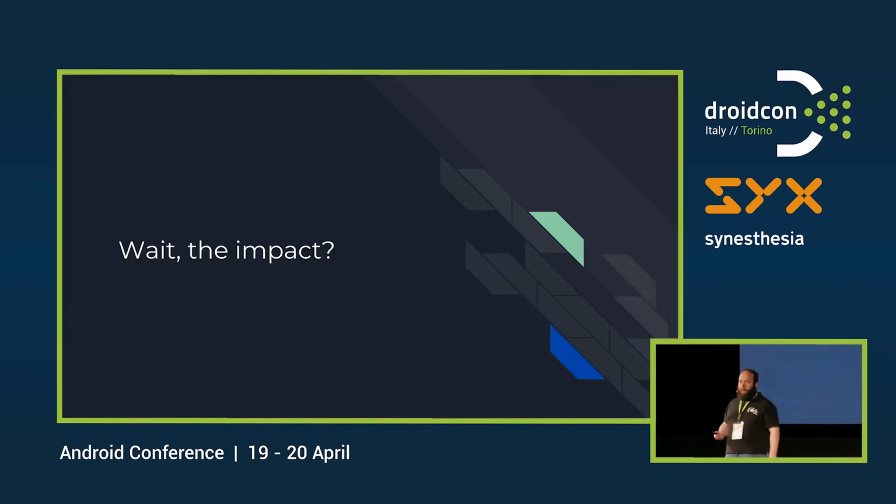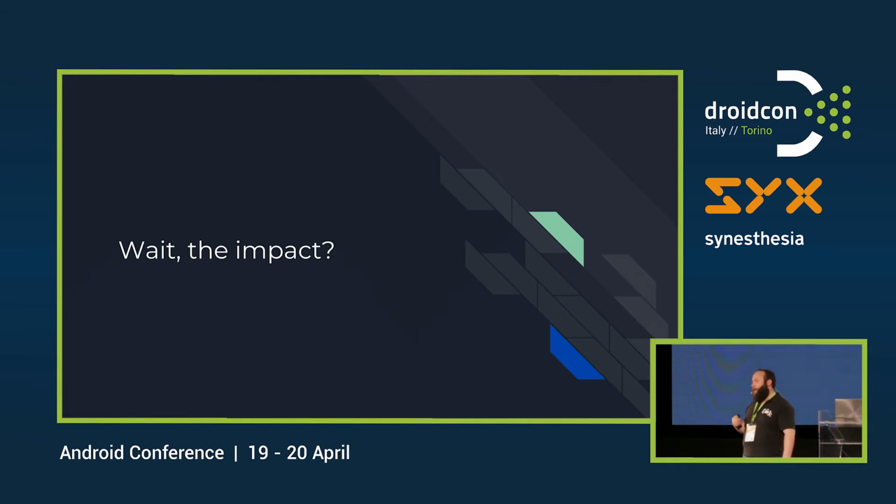What is the impact? Some of you may have had a client that is obsessed by percentage of usage, like, no, your application should be compatible with Gingerbread. Anyone? No? You're lucky. Okay.